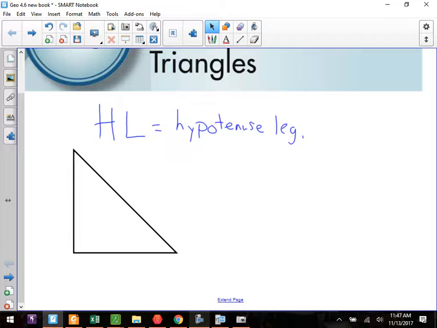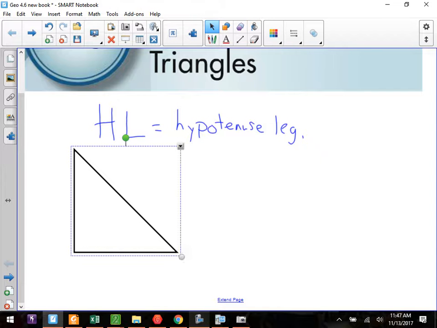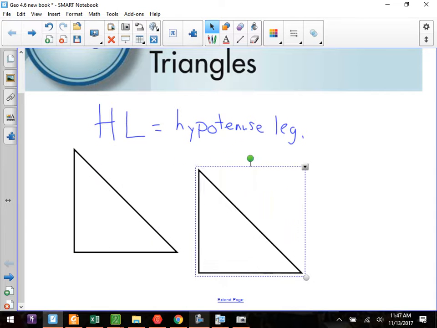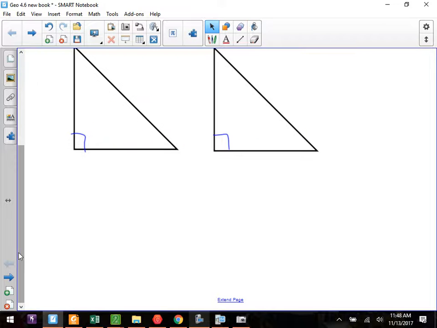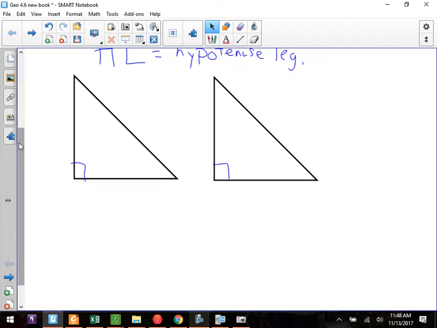Now, every right triangle has to have a right angle. Otherwise, it would not be a right triangle. Do you guys remember what segment in the triangle is always the hypotenuse?